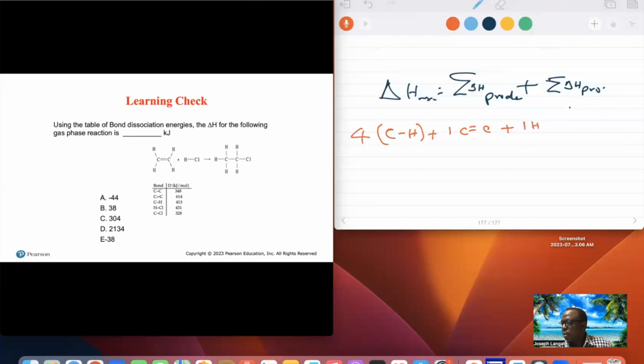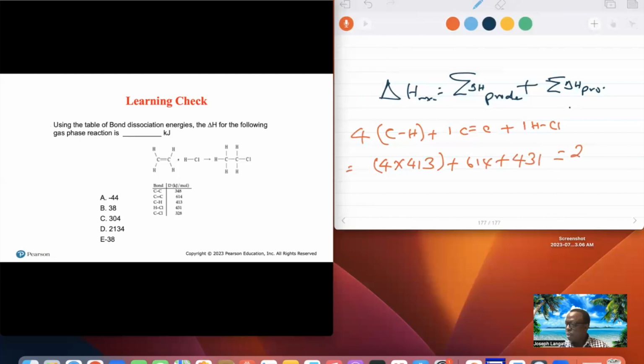1 hydrogen chloride. So if I plug in the values here, this will be 4 times 413. You'll be given that: 413 for carbon hydrogen, plus carbon to carbon is 614, plus the hydrogen chloride bond.